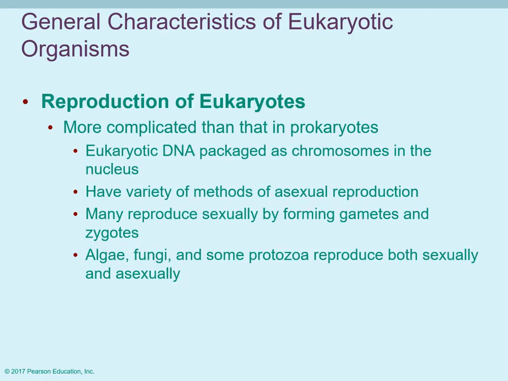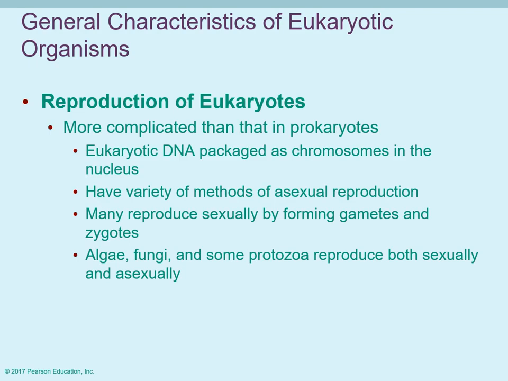Reproduction of eukaryotes is a little bit more complicated than in prokaryotes. Remember, prokaryotes like to keep it short, sweet, and simple. And it's a little bit more complicated with eukaryotes. Number one, their DNA is packaged in the nucleus, and so it's in a separate part of the cell.